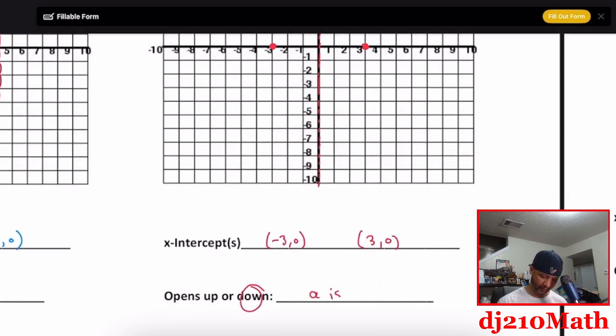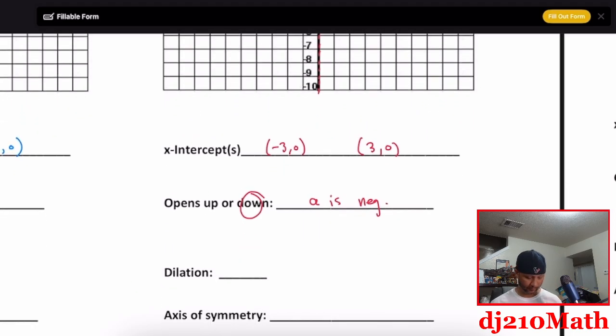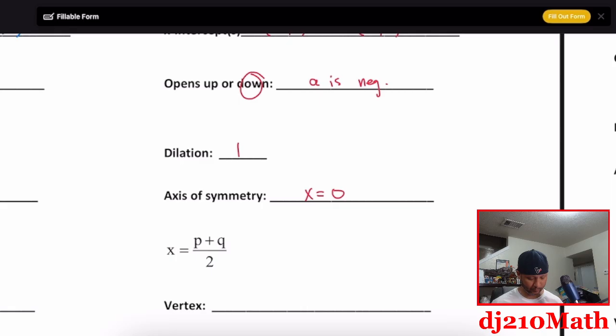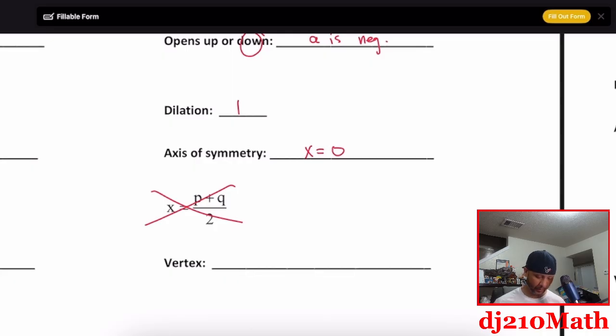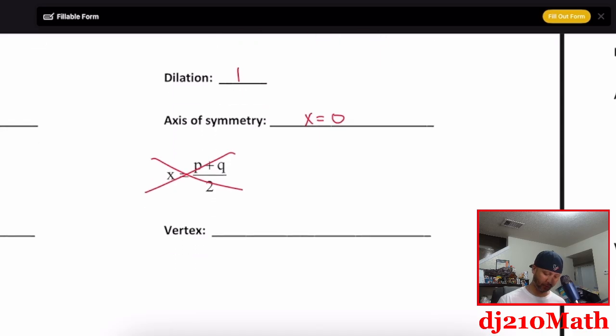Down. A is negative. Dilation is 1. Axis of symmetry, x equals 0. Right, all that's from what we just figured out. We don't care about this because we visually looked. Okay, we're plugging in 0 to figure out the vertex. So right now the vertex we know is at x equals 0. We just got to figure out where the y value is.